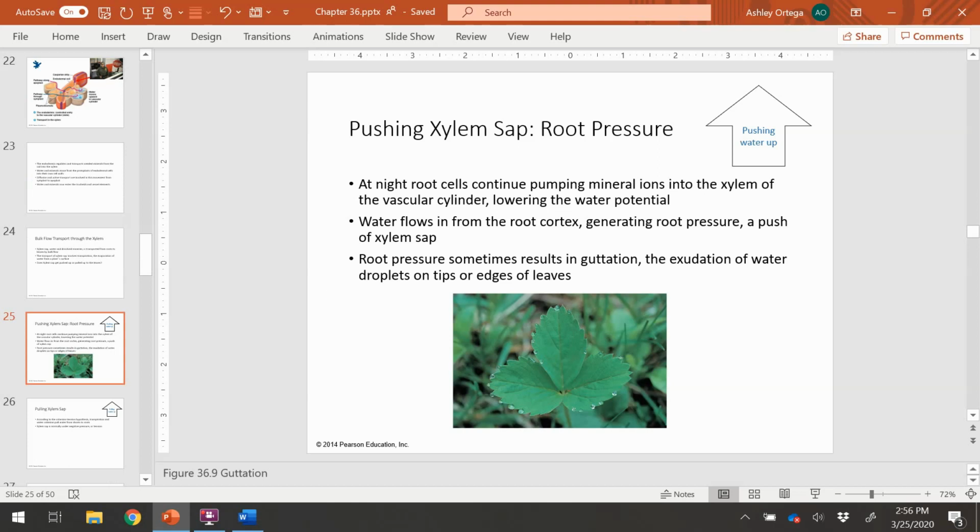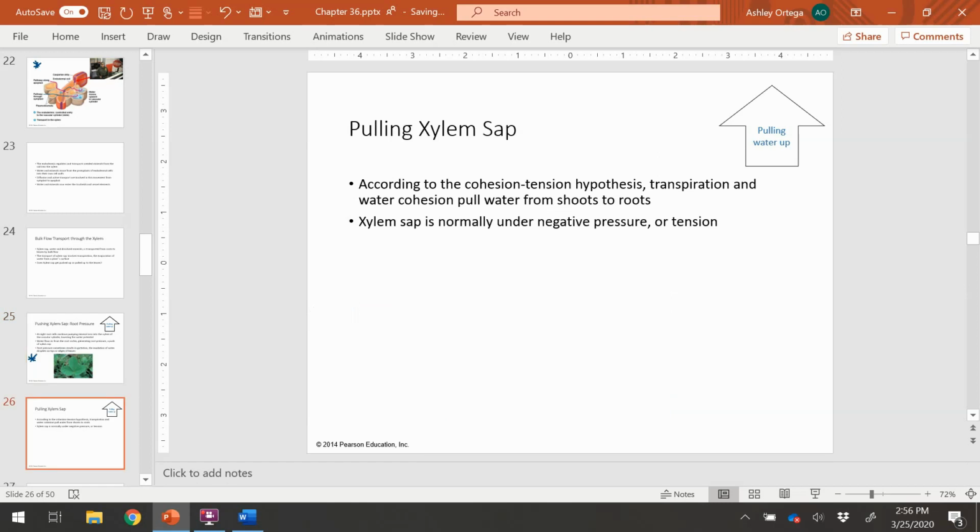So you do want to know this, that in few cases, water does get pushed up, but in most cases, it will get pulled up through the plant by the leaves. And that's because xylem's sap is normally under negative pressure or tension. So there's always a need for water in the leaves and the stems that pulls the water up from the roots.